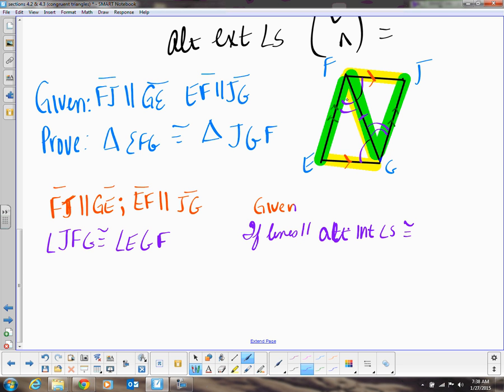Okay? So what combo is this? What 3 letters? You all are good at this. Look at one triangle. What combo? Side, side, side, side, angle, side. What is this?